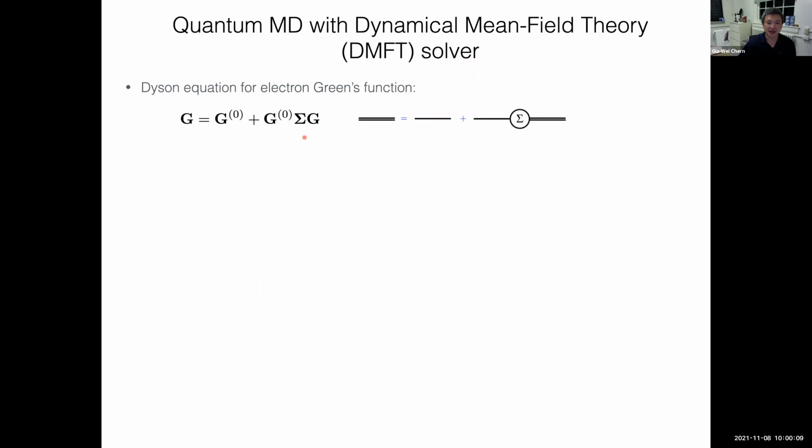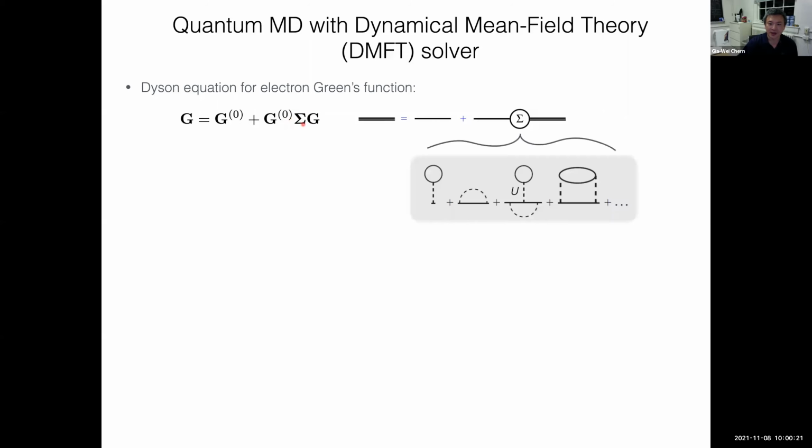Essentially, first you have this Dyson equation for the electron Green's function, and all the interaction effects are incorporated into this self energy. So there are all kinds of Feynman diagrams here, and the DMFT approximation essentially assumes that this self energy is local. There's no off-site correlation.